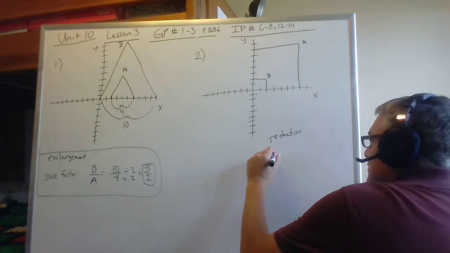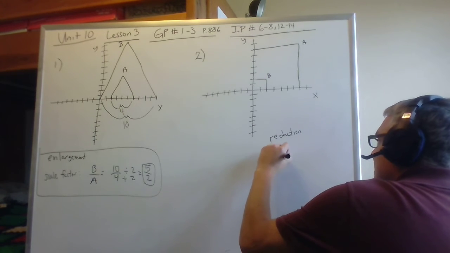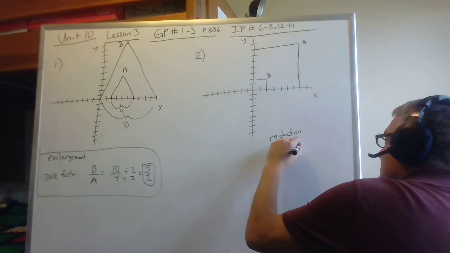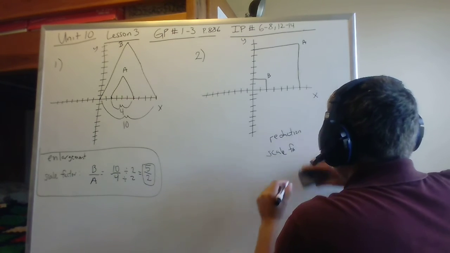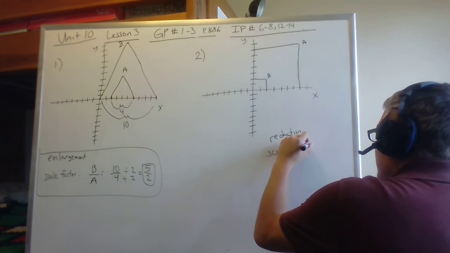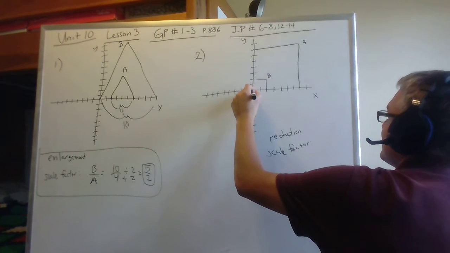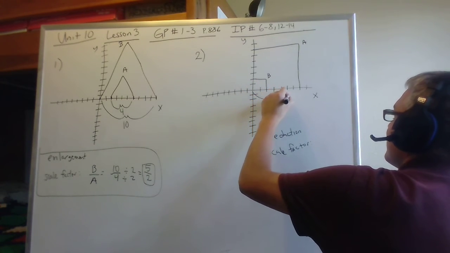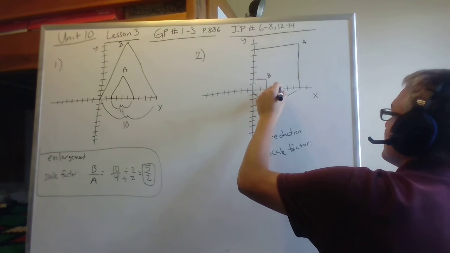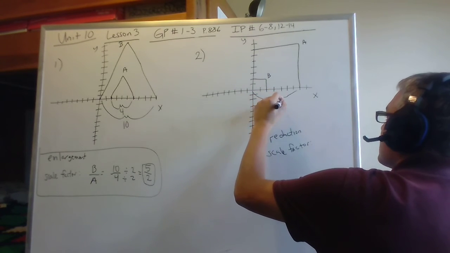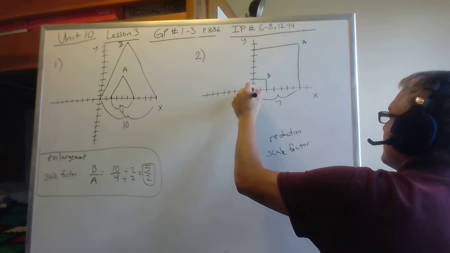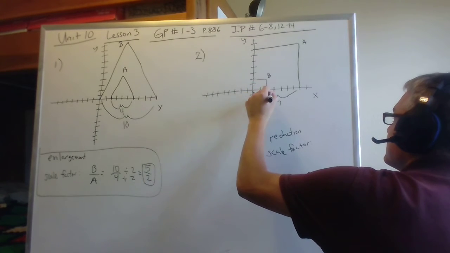And now what we're going to do is look at the scale factor. And when we look at the scale factor, we're going to again take the base of A, and that's 1, 2, 3, 4, 5, 6, 7 units across, and the base of B, and if you look, that's 2 units.